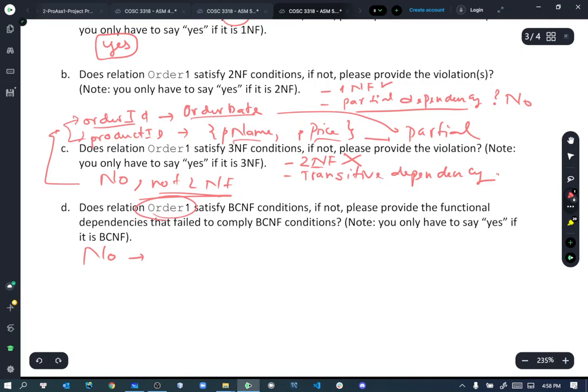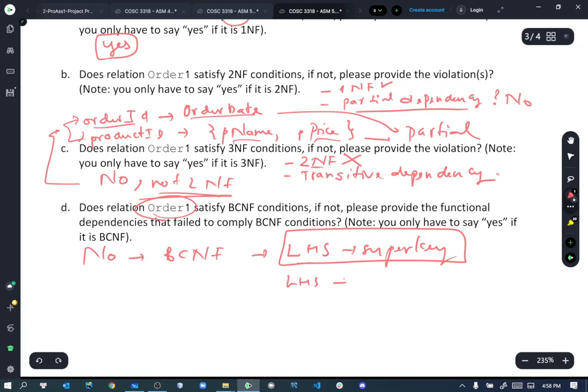Because of the BCNF definition, which says the left hand side has to be a super key. And again, the left hand side being a super key is the same as the left hand side determining everything, or all the columns. It also means that the left hand side closure includes all columns.